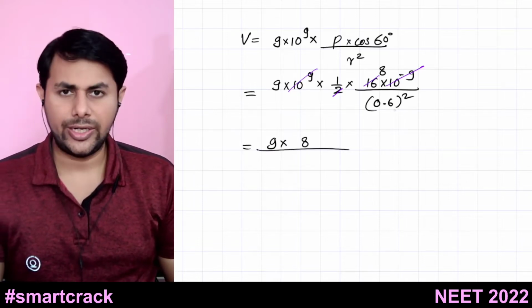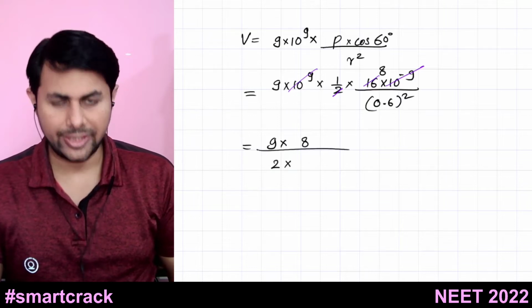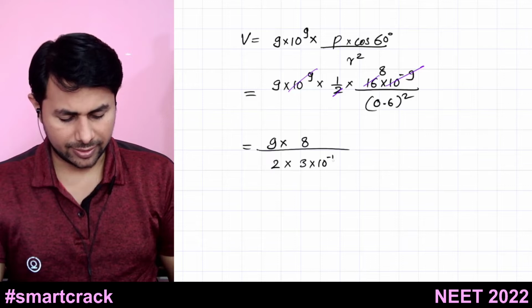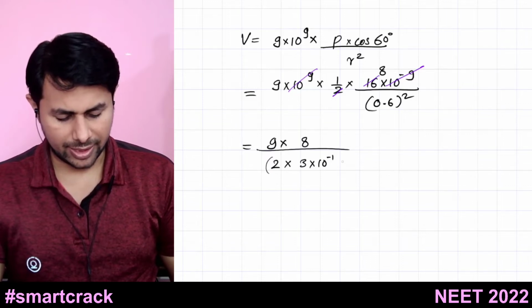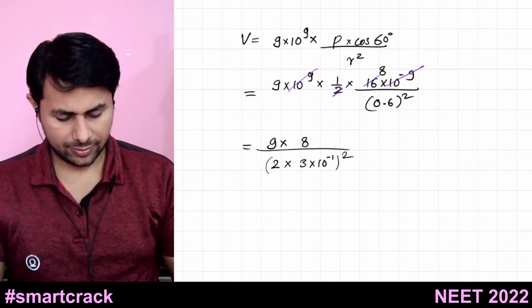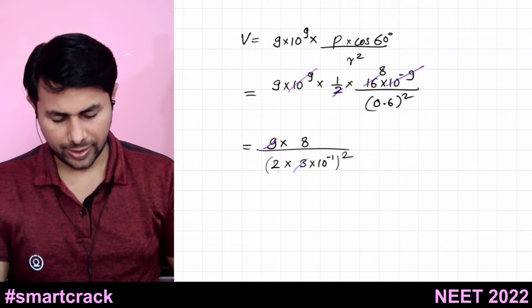So this is 0.6, right? I can write it as 2 times 0.3, and 0.3 I can write as 3 into 10 raised to minus 1. Okay, and we have the square of that, right? So 3 square is 9. I can cancel it out with this 9, and 2 square is 4.